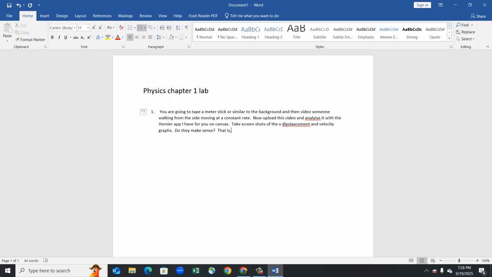That is, are they the right graph, linear or quadratic or constant? And do the numbers make sense? If you are walking at 30 meters a second, that does not make sense.